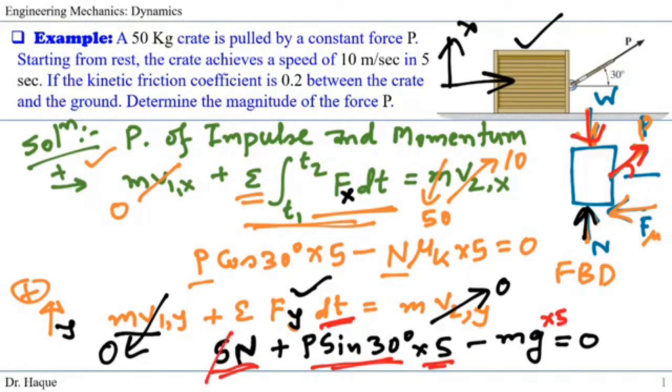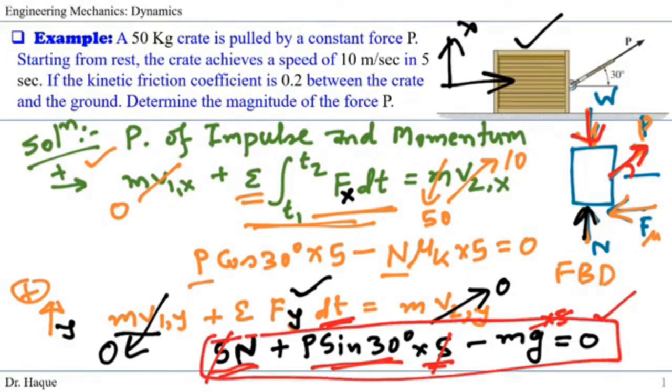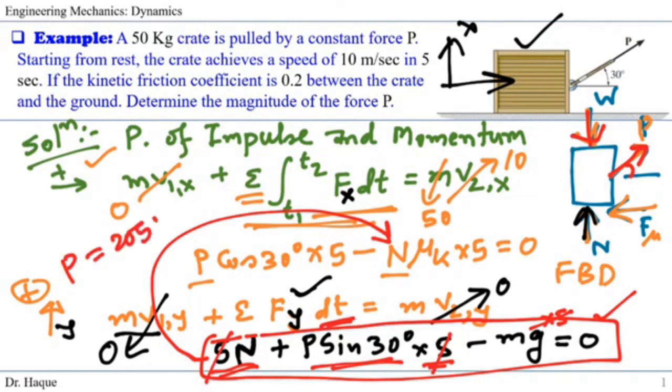We can cancel out all the 5s by dividing both sides by 5, and you will see the same N equation that we solved for in the previous method. N would be the same. Now if we plug this value of N from this equation back to here and solve, you will get P equal to the same 205 Newton.